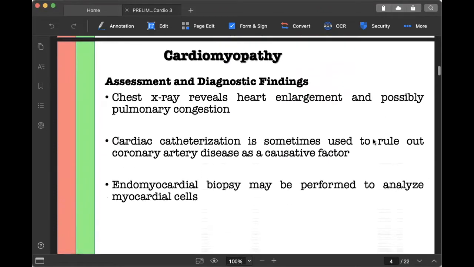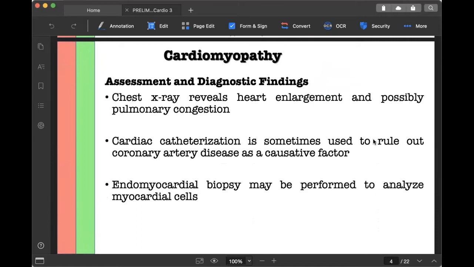Now, how about assessment and diagnostic findings? Chest x-rays reveal heart enlargement and possibly pulmonary congestion. The simple CXR that you undergo in the radiologic department can conclude if you have heart enlargement.